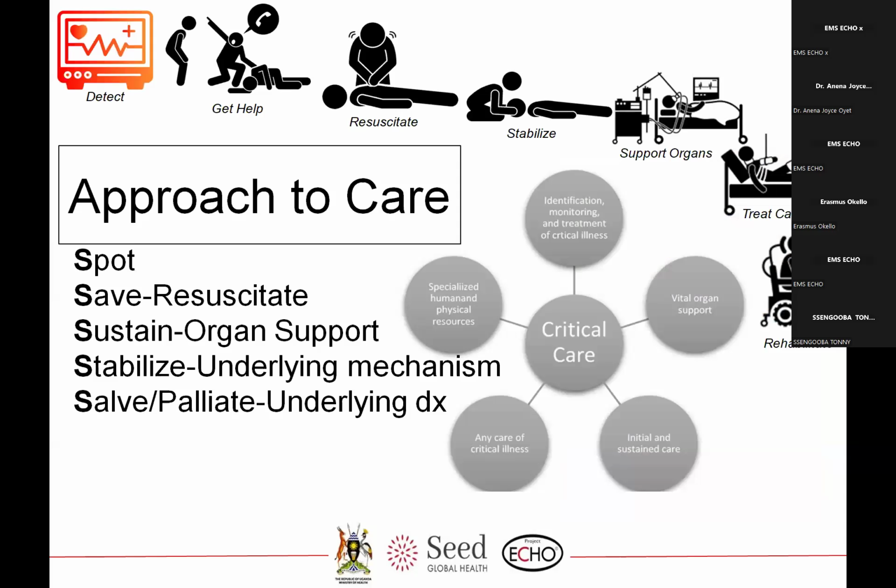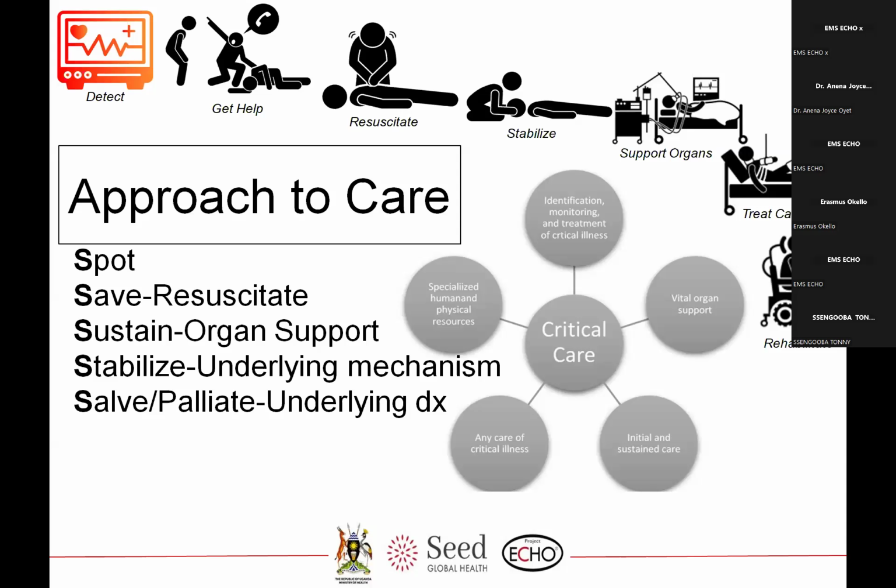So essentially, the idea is to figure out how to approach things emergently by detecting the abnormality. That's the first thing, detect abnormality quite quickly. And then you want to get help, because usually managing abnormalities of complex patients like this need more hands and more resources. So you want to get help quickly and start resuscitating that patient, depending on the stage where they're at. Maybe they're in a cardiac arrest situation, maybe they're in shock, wherever it is, start resuscitation, and then try to stabilize the primary abnormality.